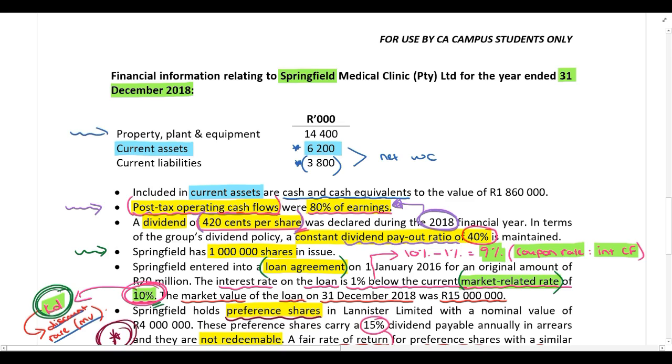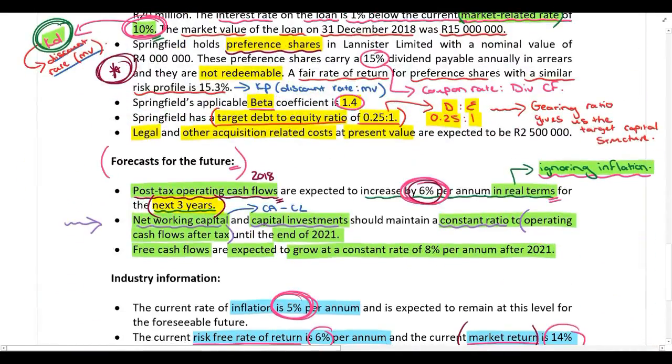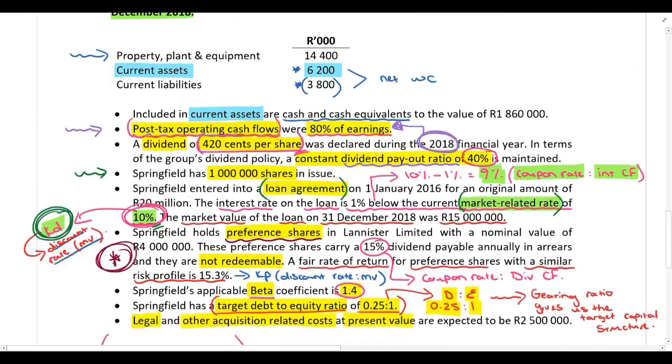We have also been given property, plant, and equipment, or in other words, their capital investments, or their non-current assets. So if we add all of that together, we'll get the net working capital and capital investment amount for 2018, because this is obviously all of the information for 2018.